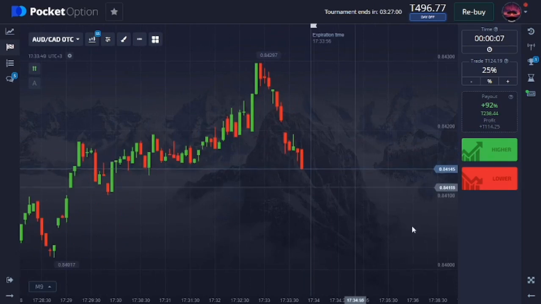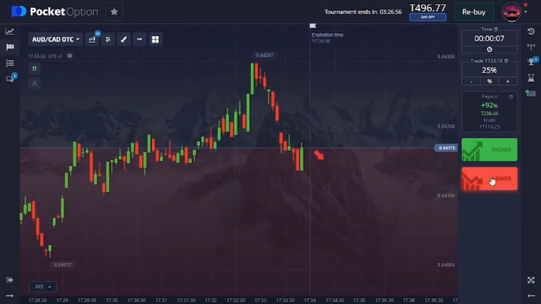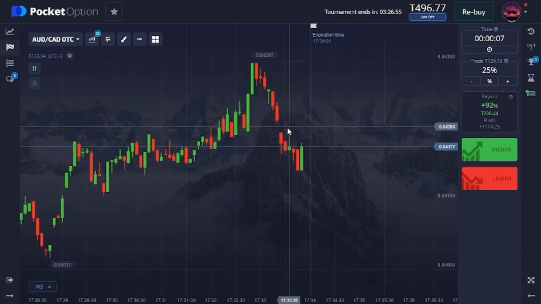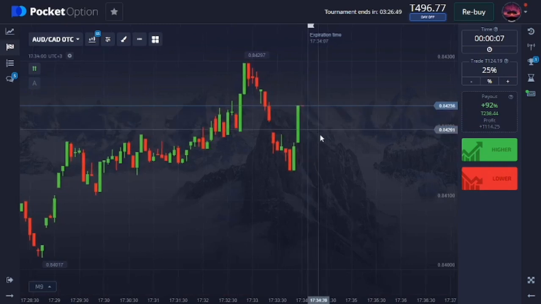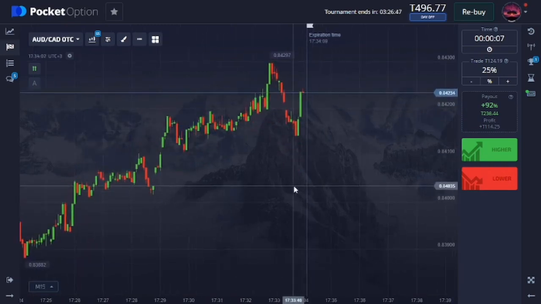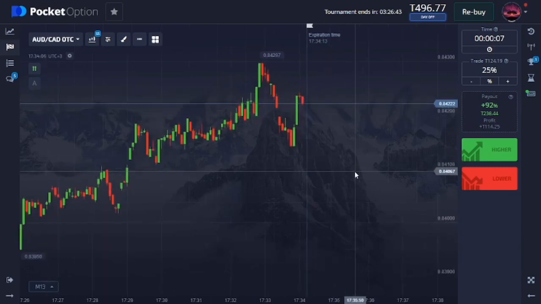Okay, let's sell now. I think it is time to sell. After it hits this gap, I will sell. Oh my god, it just filled the gap. Okay, that is not expected.